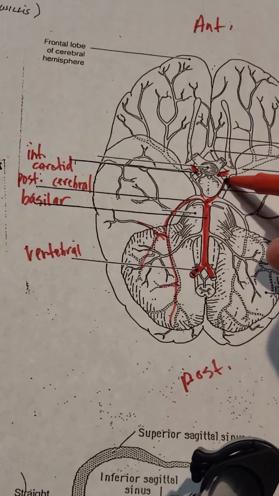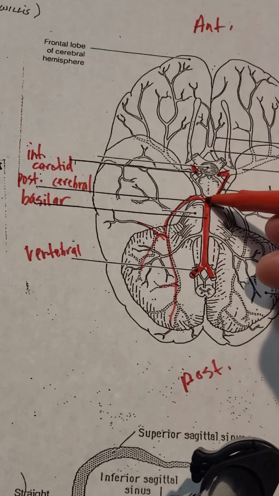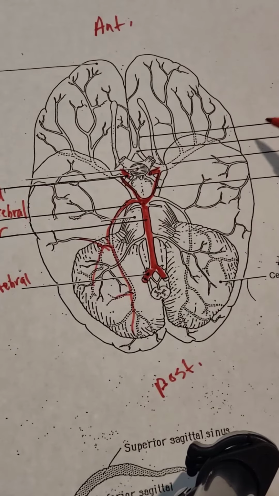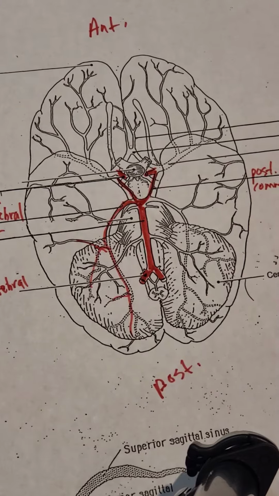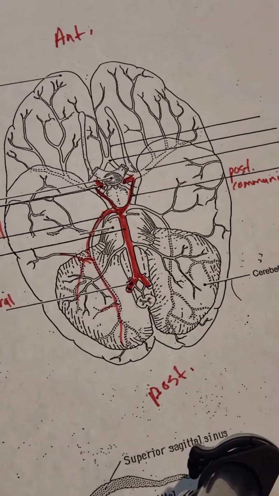Then we have to have a circle formed, or a bypass system formed. So these vessels on the back side here are going to be our posterior communicating arteries right there.